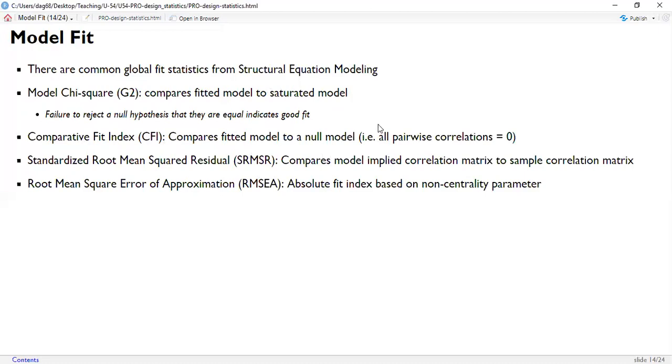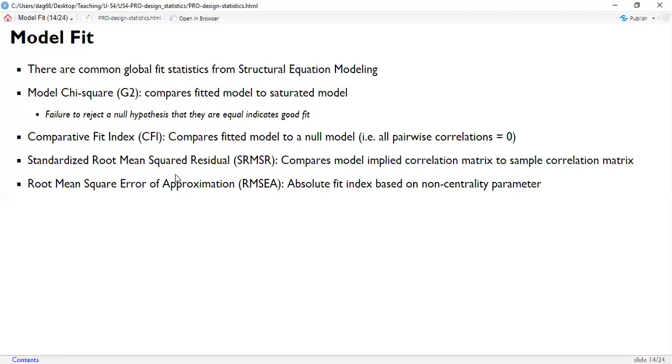So that should be a very poor fitting factor model or measurement model. There's the standardized root mean square residual that compares your model implied correlation matrix to your sample correlation matrix. And then lastly, there's the root mean square error of approximation, or the RMSEA, as some people call it. And that's an absolute fit index that's based on the non-centrality parameter.